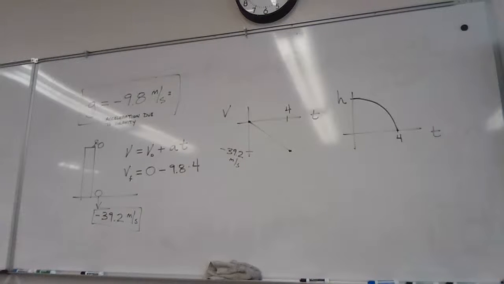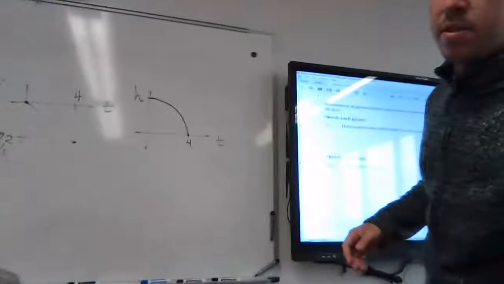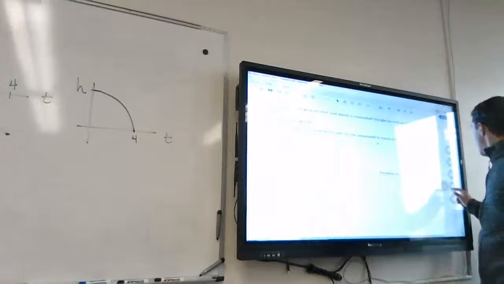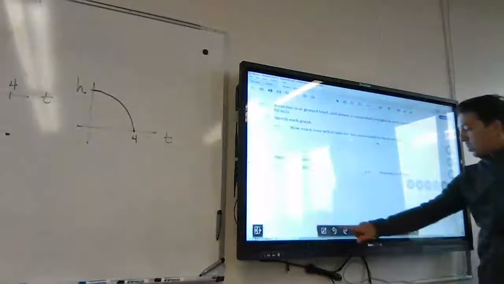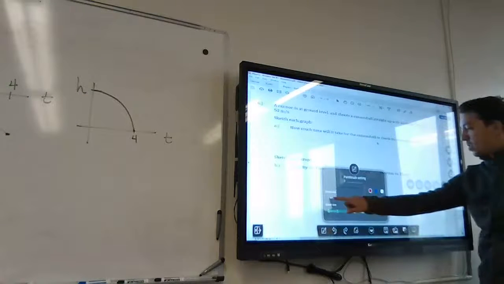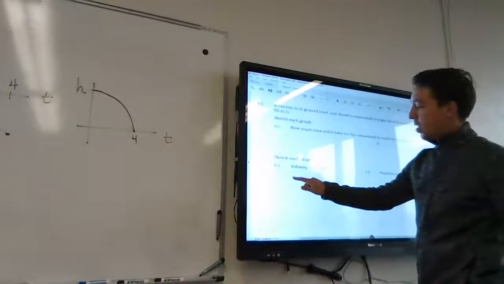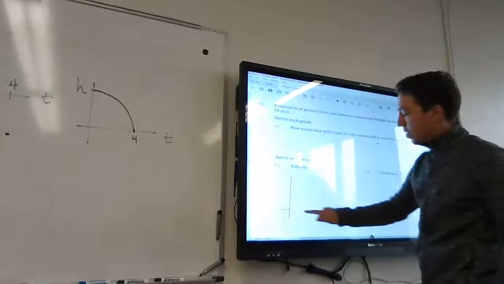Okay. And then on your velocity versus time graphs here, I'll show you the graphs just to avoid any confusion. Now again, there's some interpretation here, where how long should this graph go for?